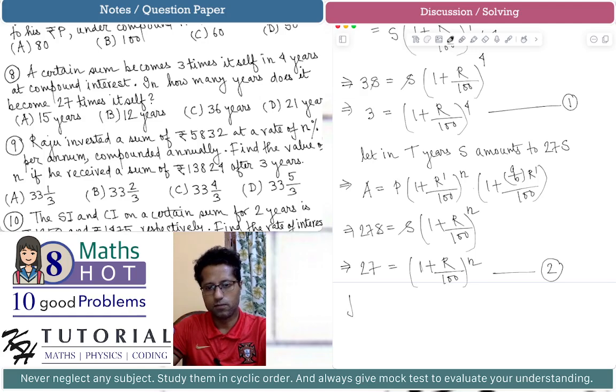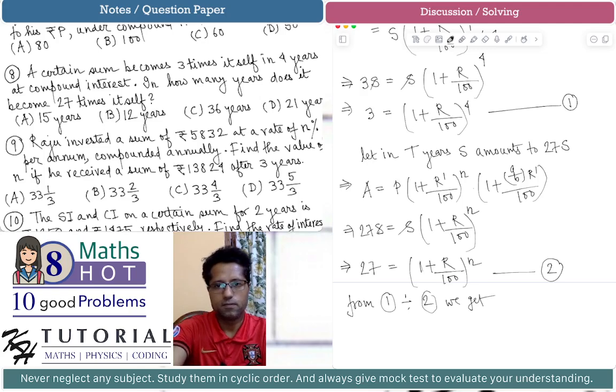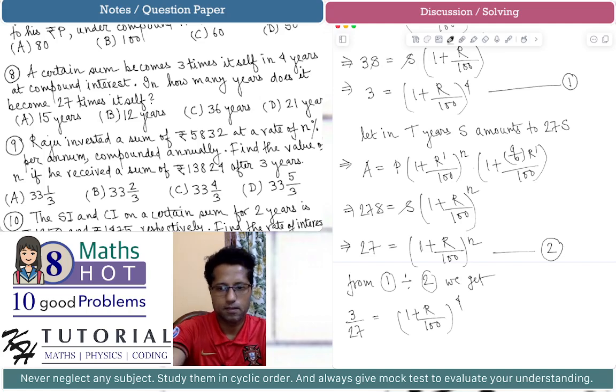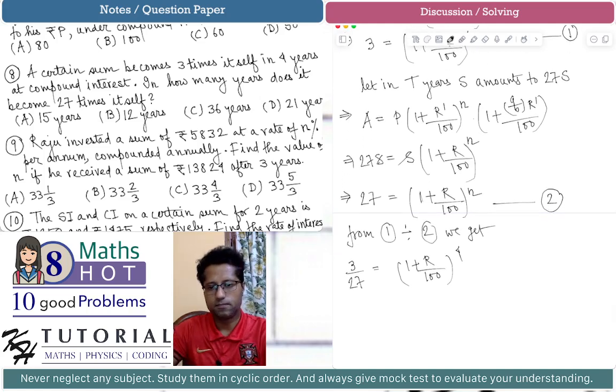So from equation 1 divided by equation 2, we get 3 by 27 is equal to (1 + r/100)^4 divided by (1 + r/100)^n.